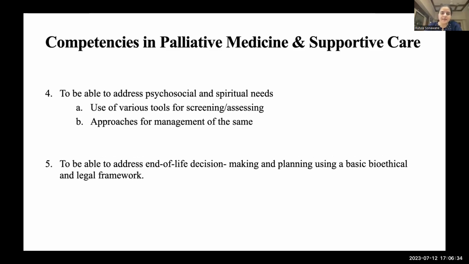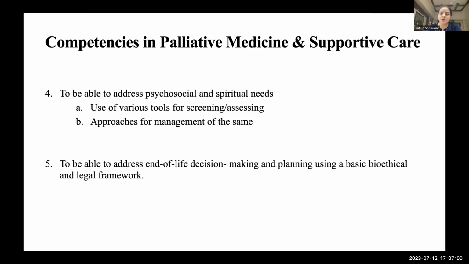Then to address psychosocial and spiritual needs. Now there are multiple tools for psychological assessment, social assessment, and spiritual needs. So use those tools or screening methods regularly, so that we can identify those needs as soon as possible and address them accordingly.